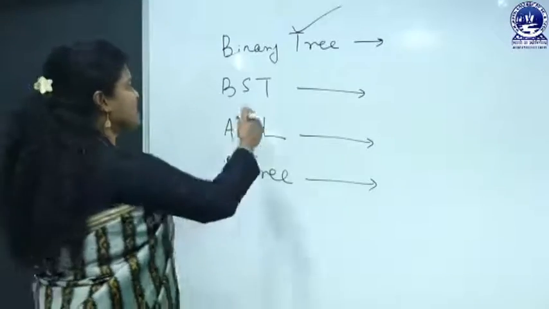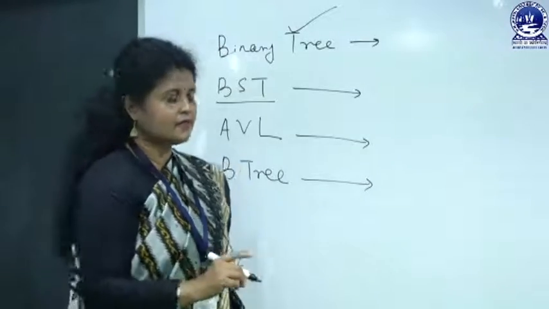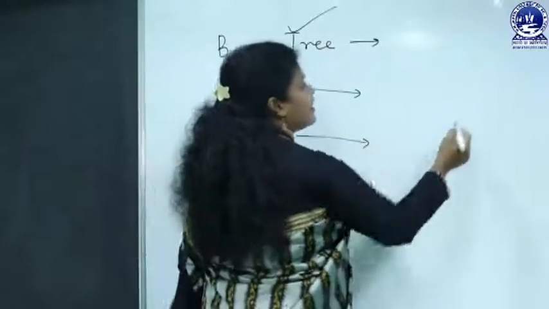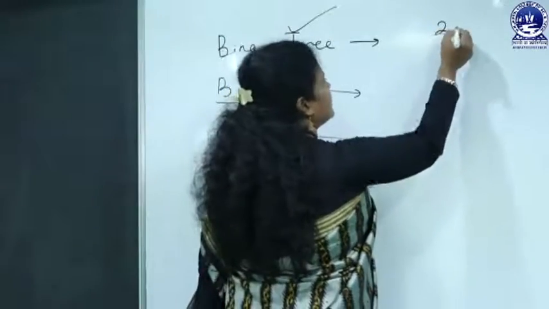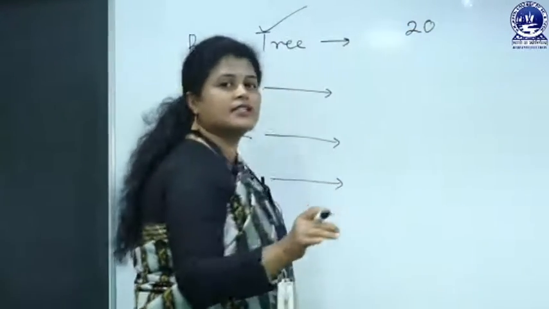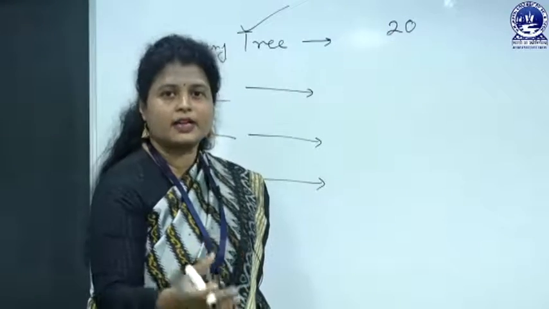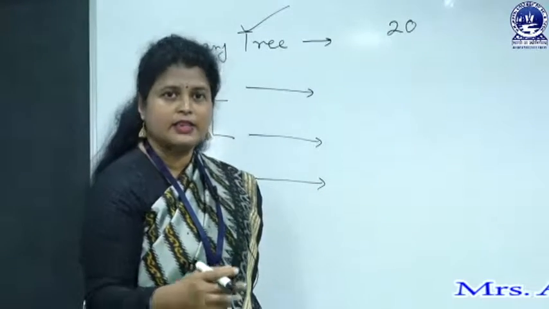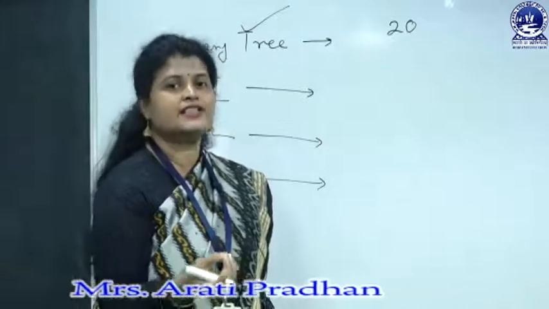Now we will discuss BST. Already in binary search I have discussed BST, but still if you have any doubt you may clear it here. If you want to construct any data structure, if you want to store any number of data, then you need a data structure. It means that in order to construct a tree, we need some data.